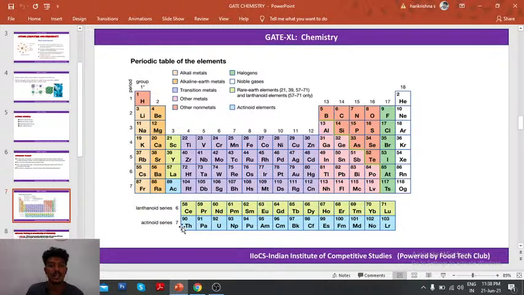Then you can see actinoids are placed separately, lanthanoids are placed separately, and noble gases are also present separately here. So these are the various subdivisions. The 17th group is halogens and the 18th is noble gases. So all these are kept separately in the periodic table, mainly depending upon the atomic number, electronic configuration as well as chemical properties.